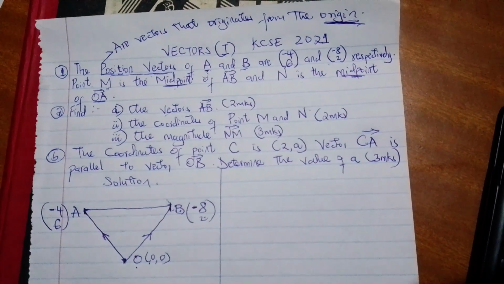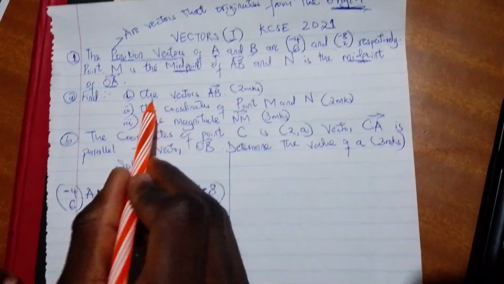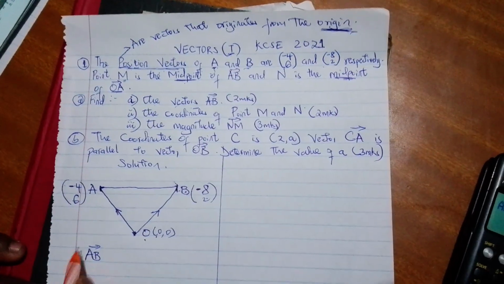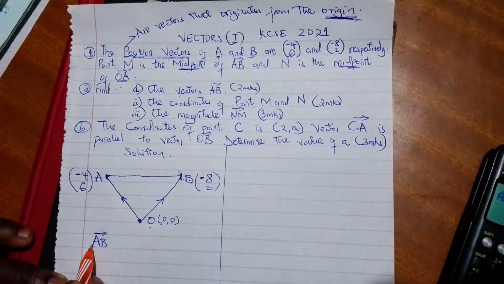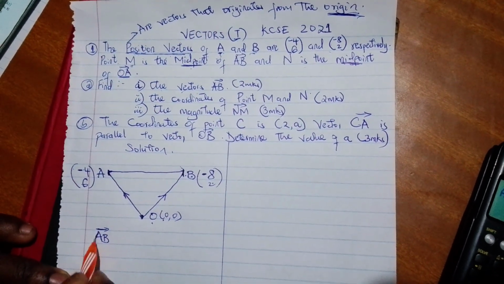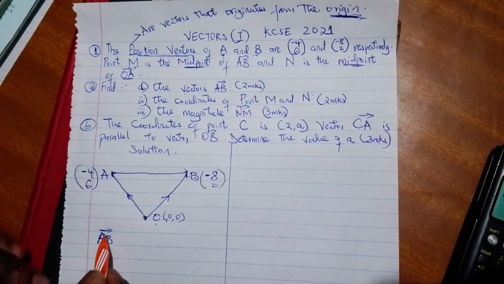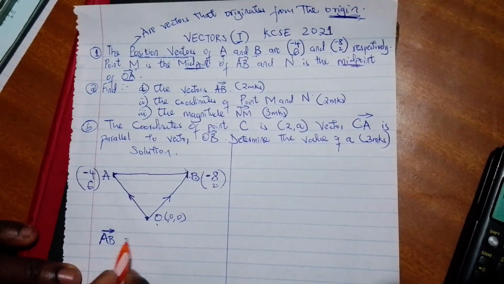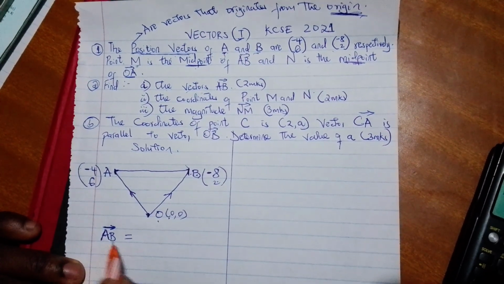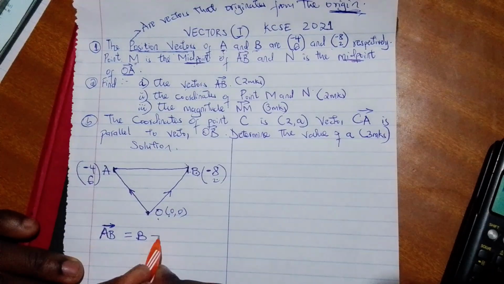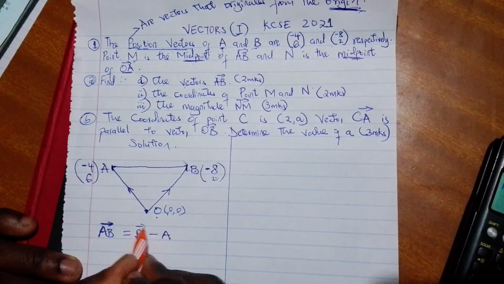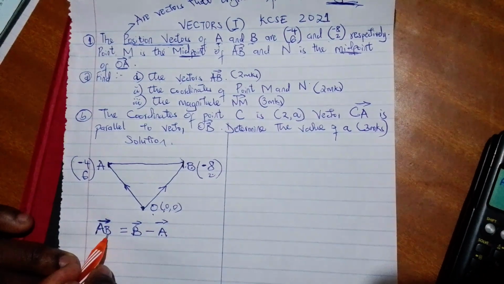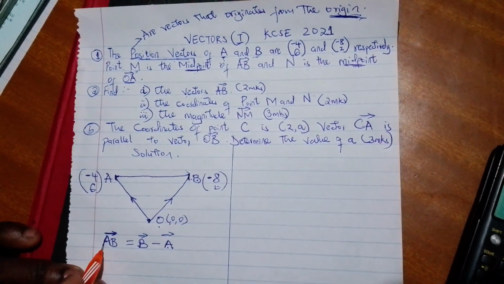So, if that is the case, they want us to get vector AB. How do we calculate vector AB? A vector, if you print it, should be bold, but because we are writing, you denote it by an arrow at the top. So AB will be equal to vector coordinates at point B minus vector coordinates at point A. You start with the second one and subtract from it the first one.